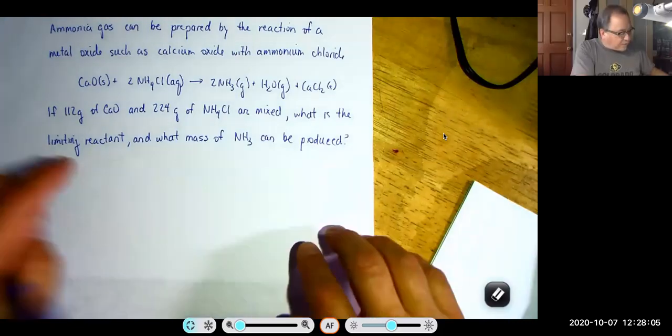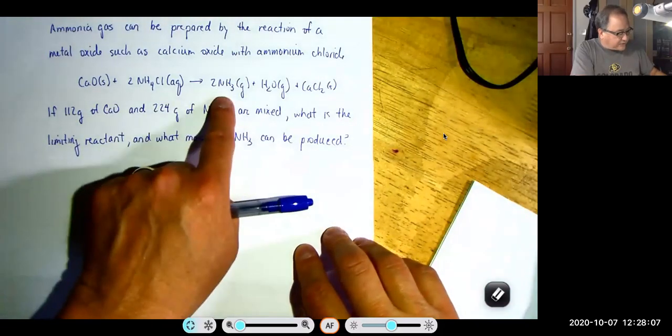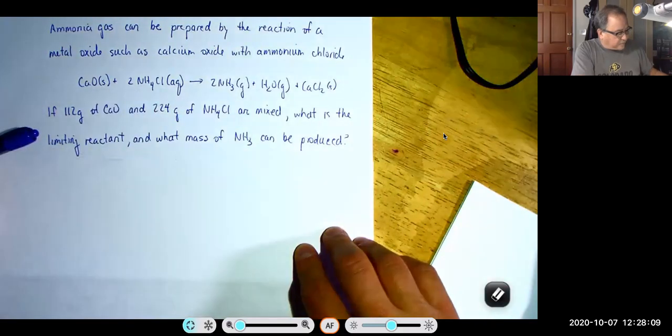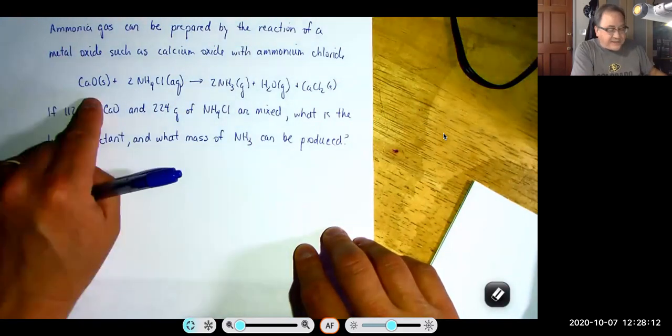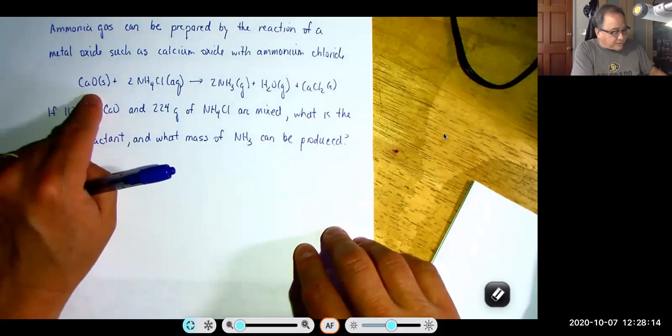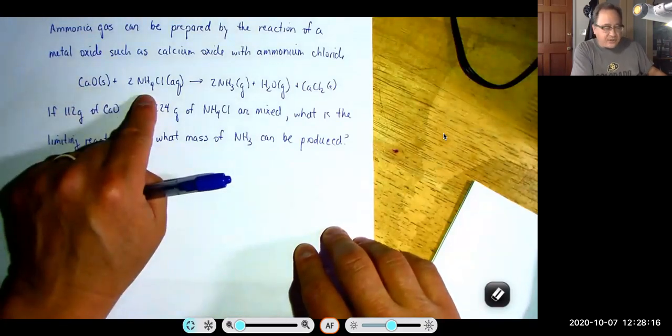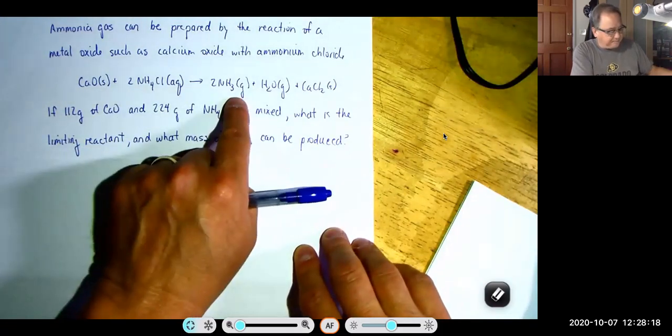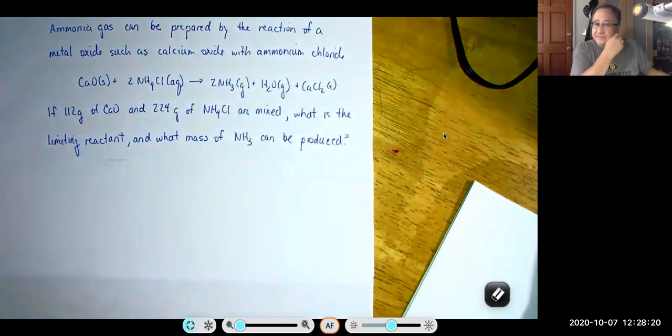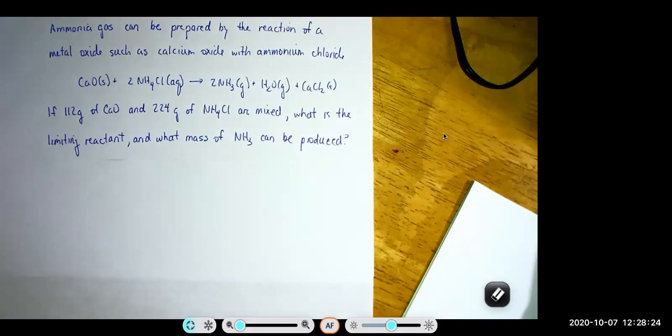This is one of those gas forming reactions. This is actually a base. A base plus ammonium salt gives you ammonia.